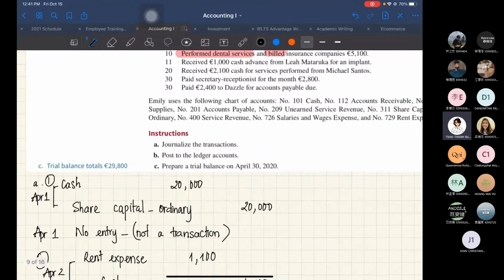Okay, and April 11, received cash advance, 1,000. Did they perform the service yet? So what account are we going to use? And what if someday you got the money? How are you going to settle that account?